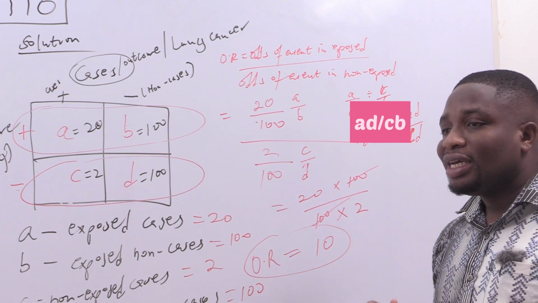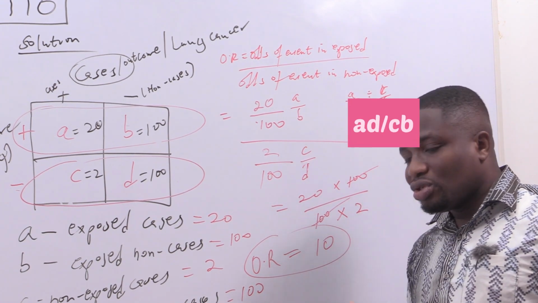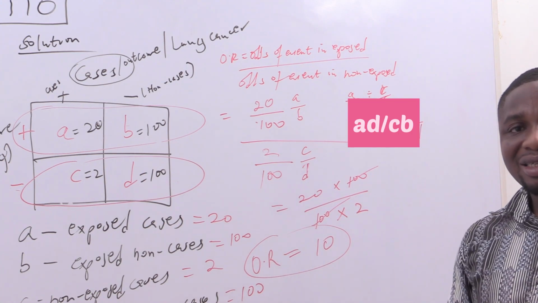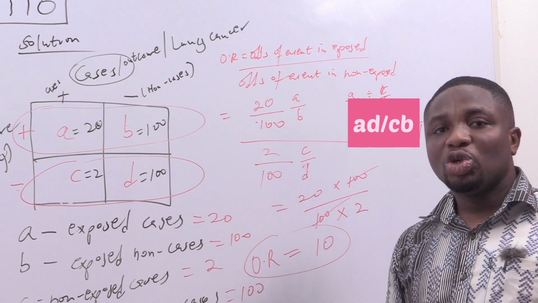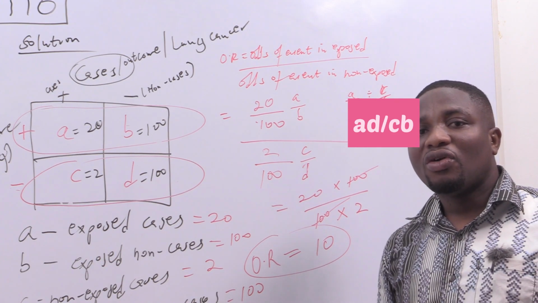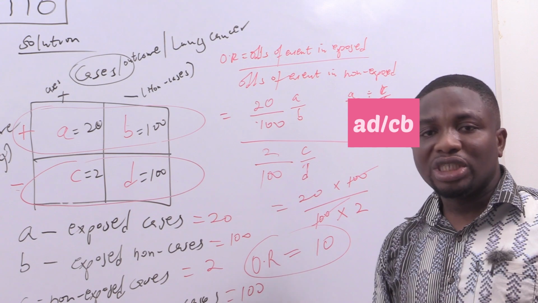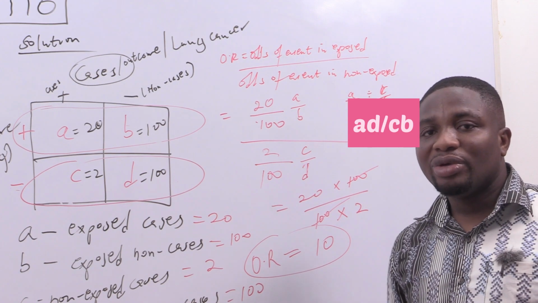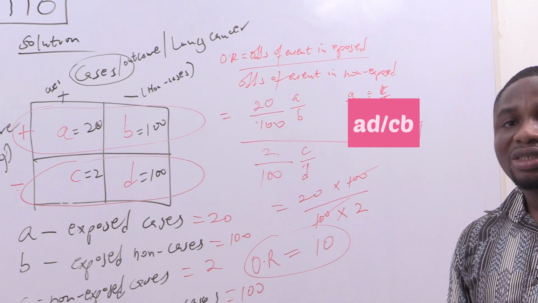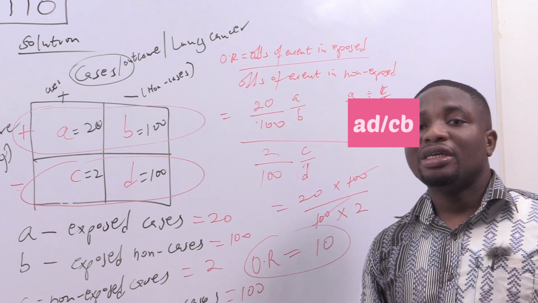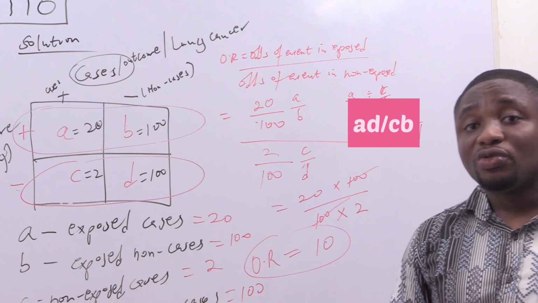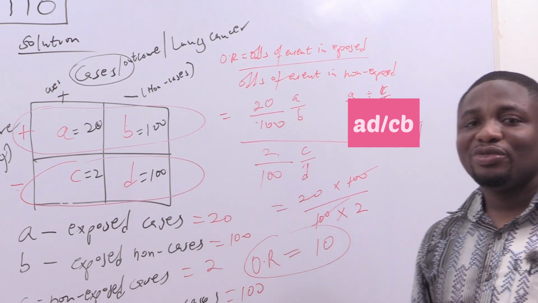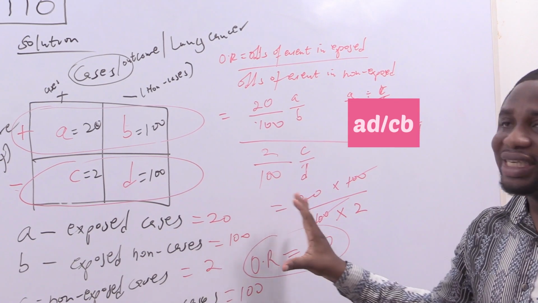Or we can say that the odds of lung cancer in smokers is 10 times greater than the odds of lung cancer in non-smokers. And that is how we are going to interpret it. Because we said odds ratio of greater than 1 indicates that exposure is associated with higher odds of what? Outcome. I believe that we've gotten the understanding of this example.